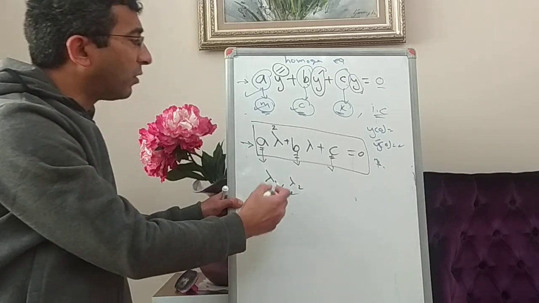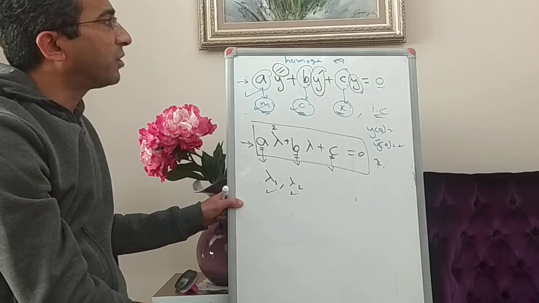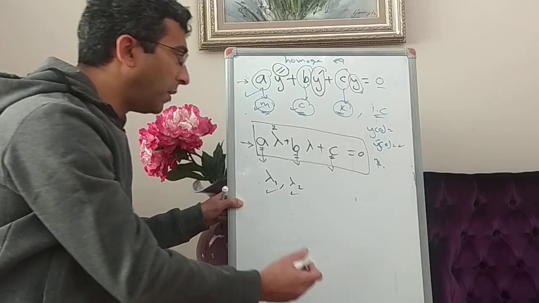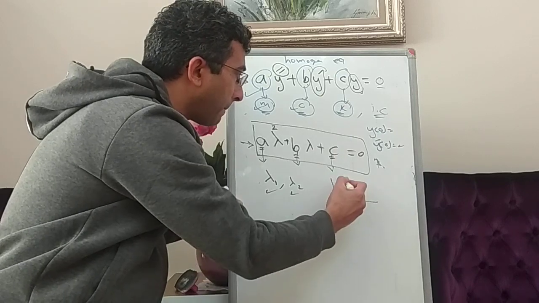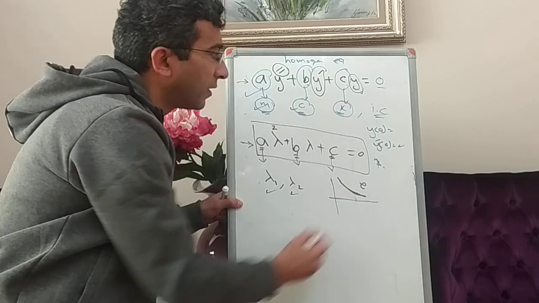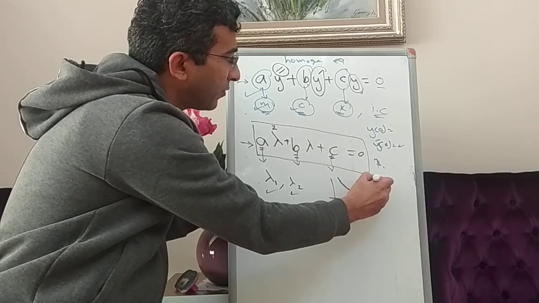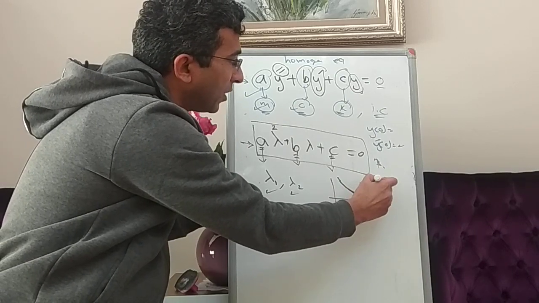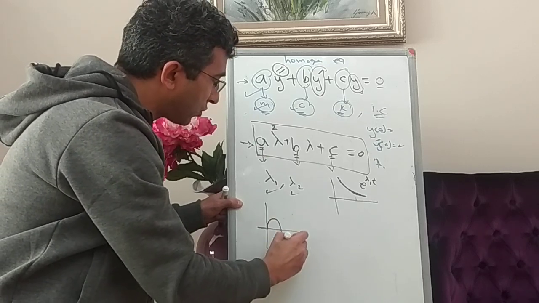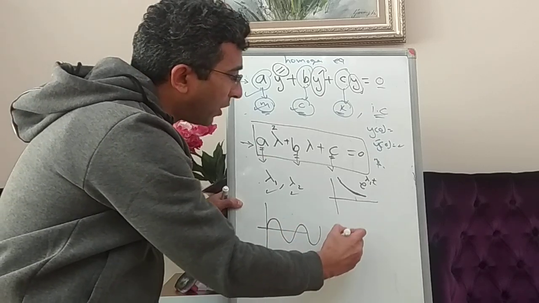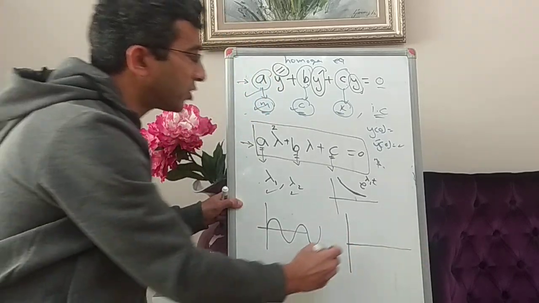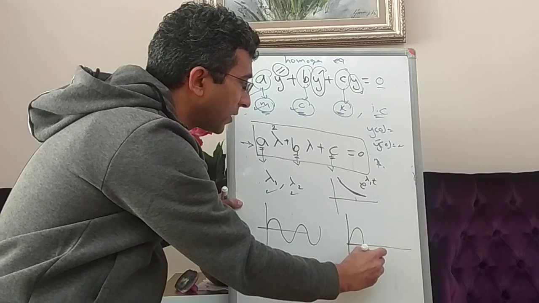Depending on these roots, the solution for a homogeneous ordinary differential equation may be an exponential function, e to the lambda 1 t, for example, or it may be a sinusoidal function, or it may be both a sinusoidal and exponential function like this.